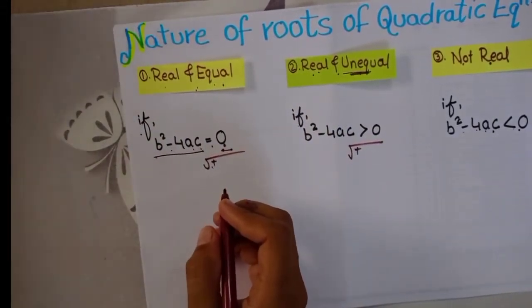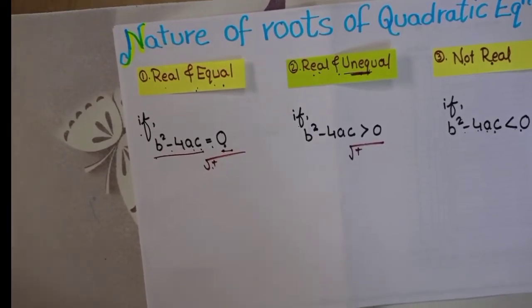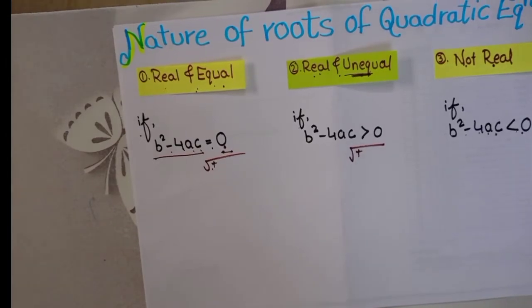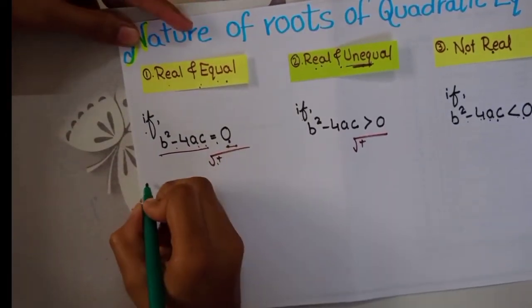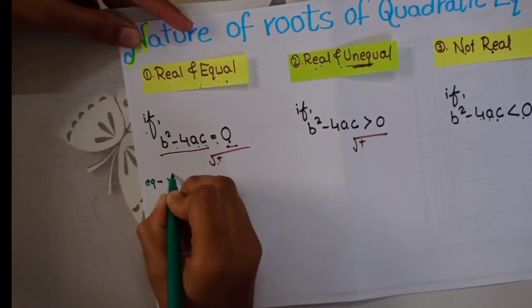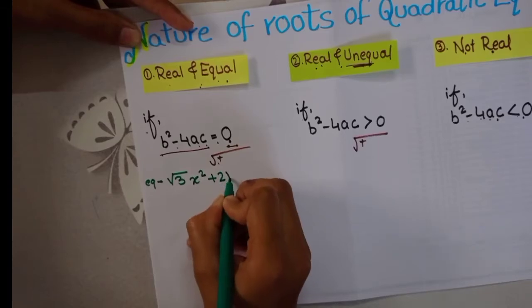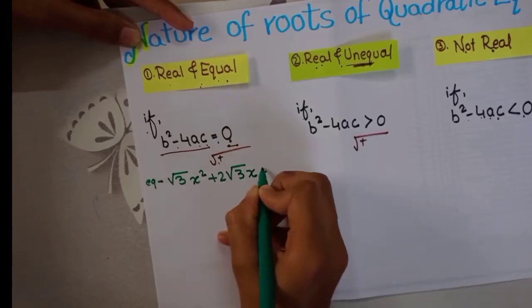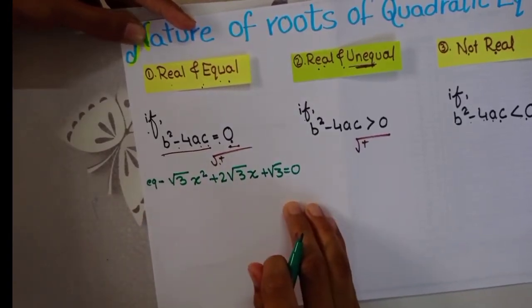For the first example, I will take root 3 x square plus 2 root 3 x plus root 3 is equal to 0. Here it is a quadratic equation.